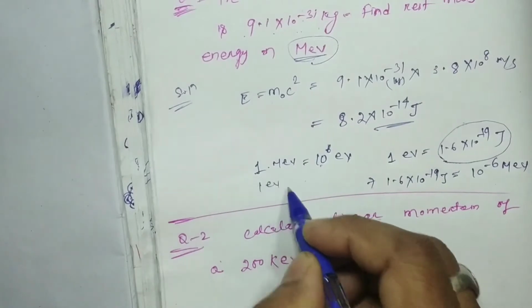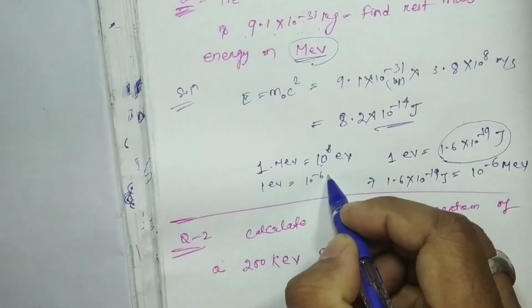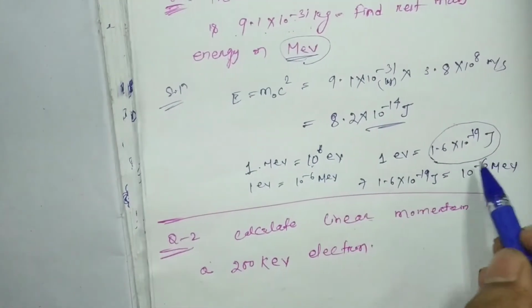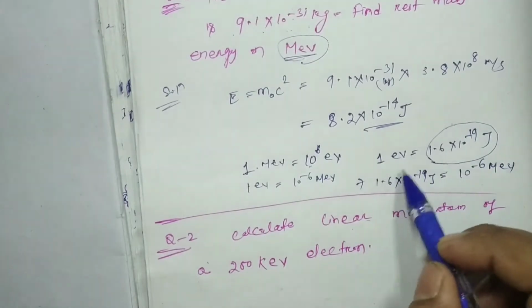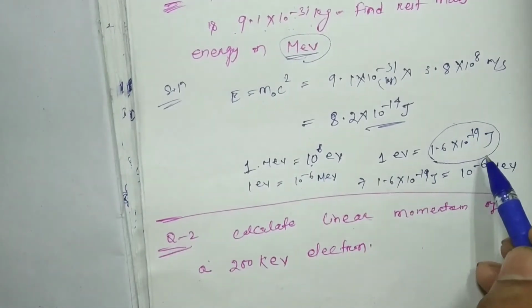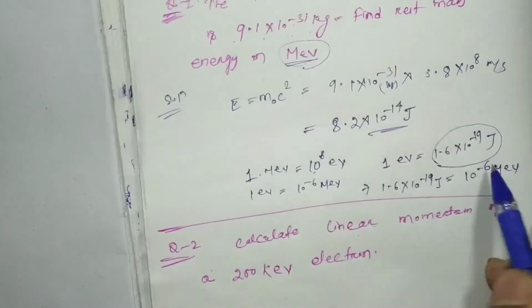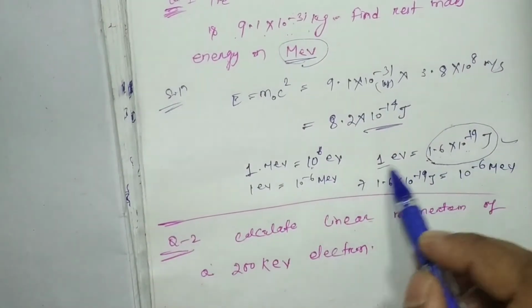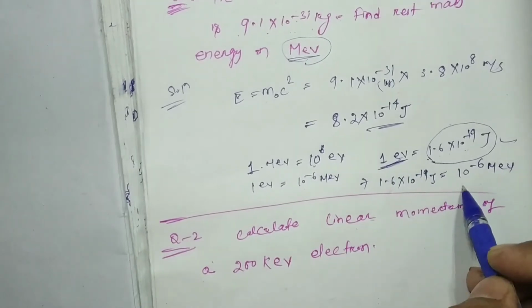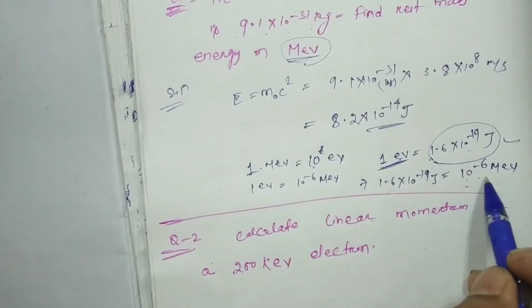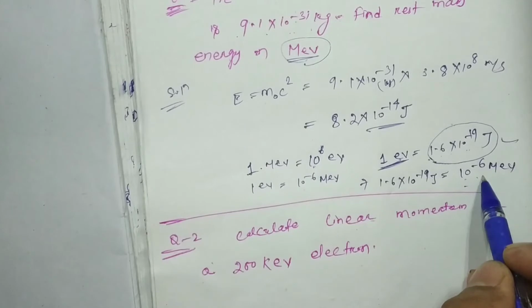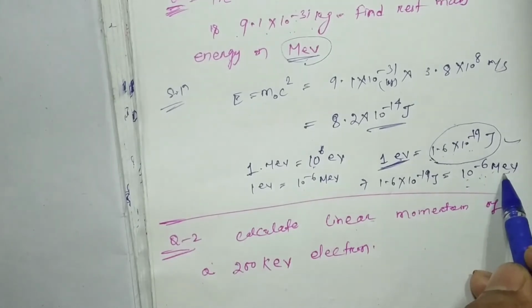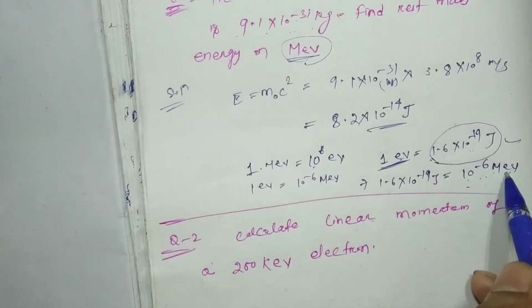1 electron volt will be equal to 10 to the minus 6 mega electron volt. So here, this much 1.6 into 10 to the minus 19 joule, which is nothing but 1 electron volt, will be equal to 10 to the minus 6 mega electron volt.